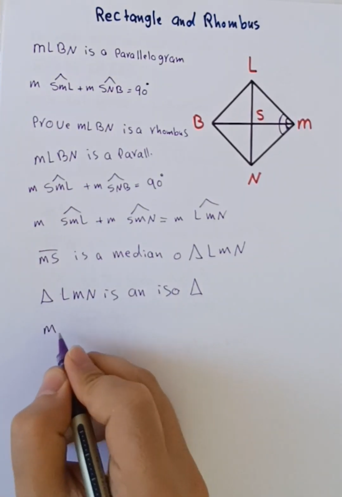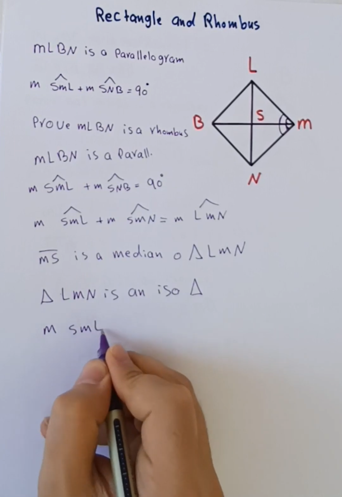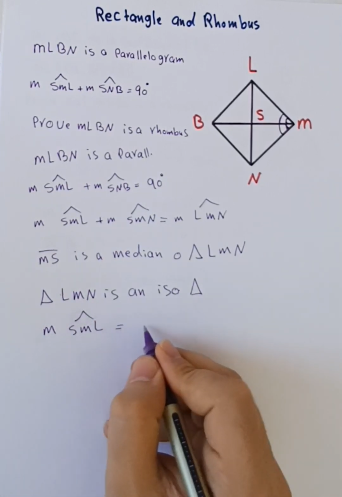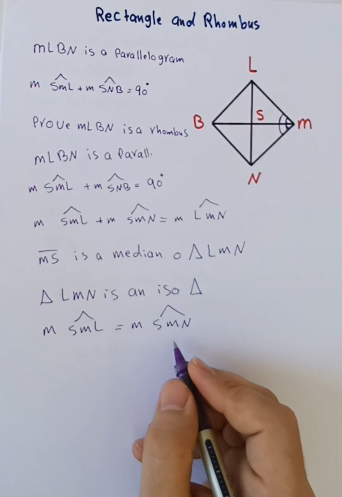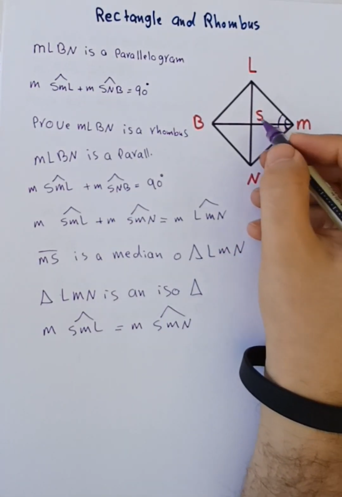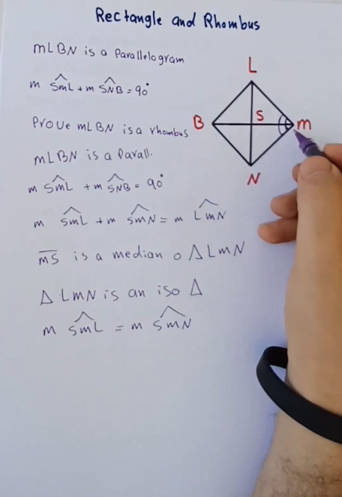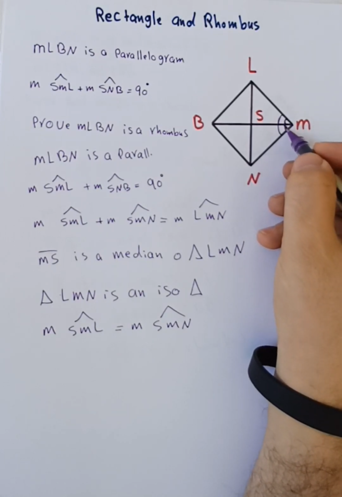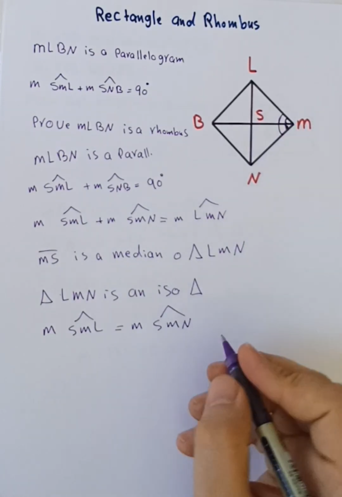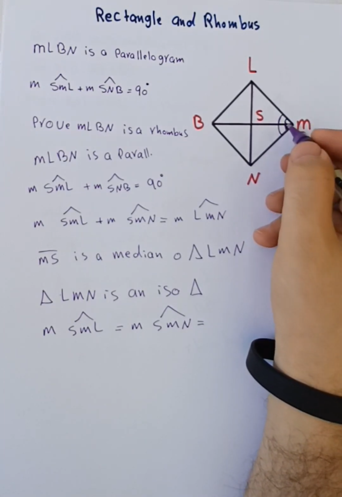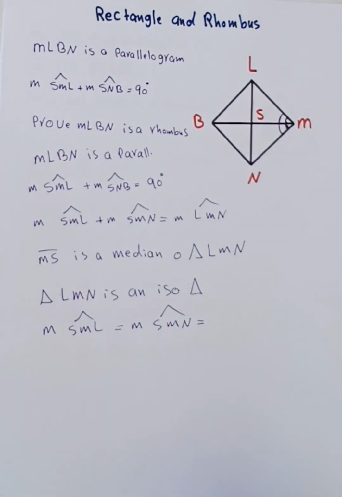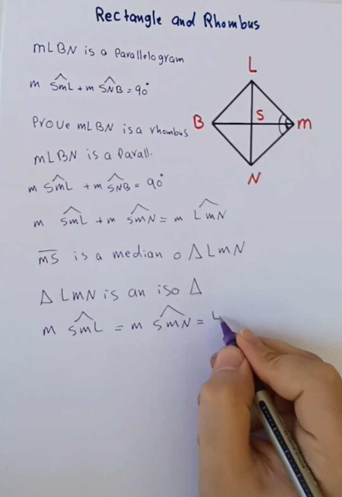So the measure of angle SML equals the measure of angle SMN, both are 45, since 90 divided by 2 is 45.